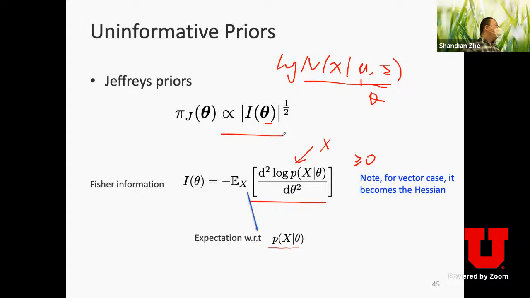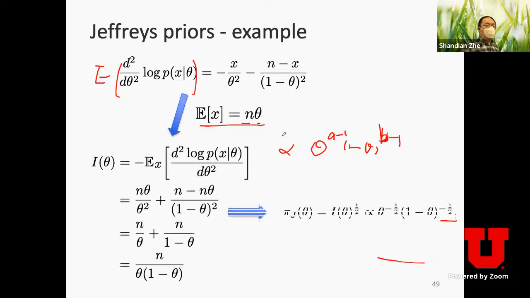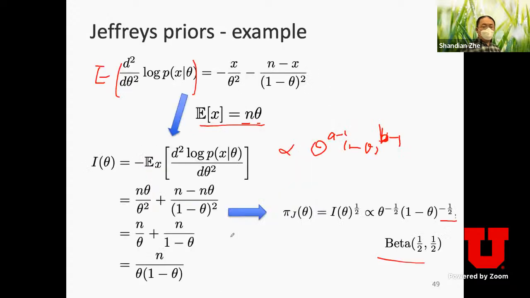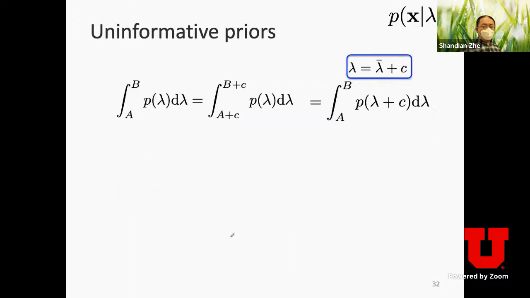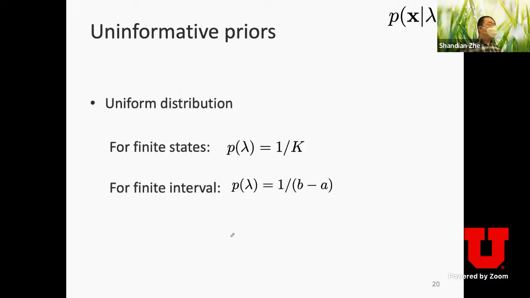Or if you have bounded parameters, you can have an uninformative prior for these bounded parameters.